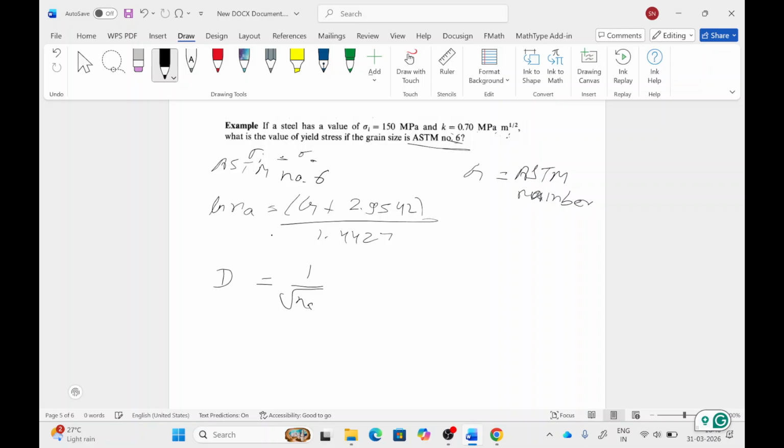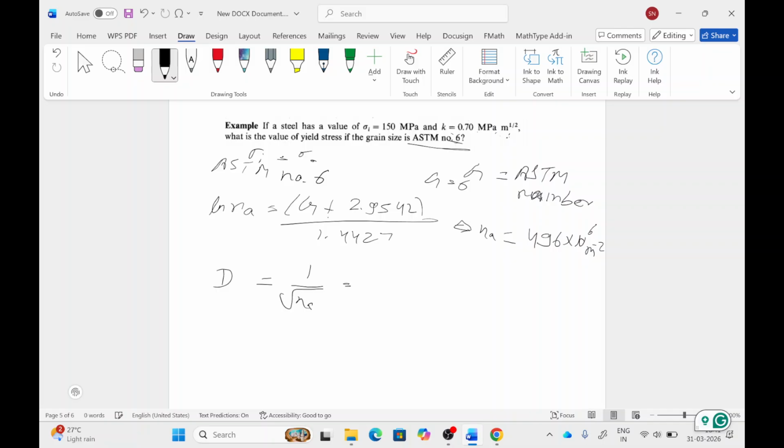Okay. So from this formula we can get Na. G is 6. When we put this in and take the exponential of this term, Na will be 496 into 10 raised to power 6 per meter square.